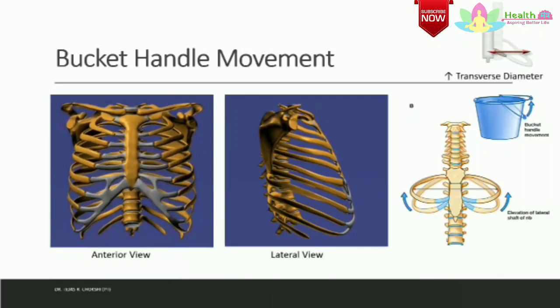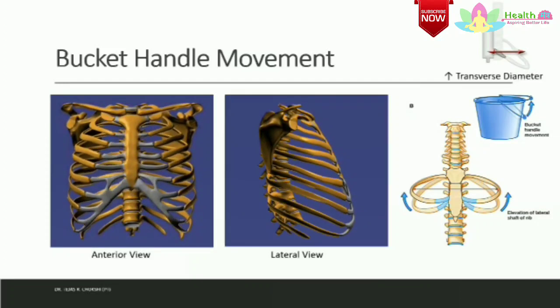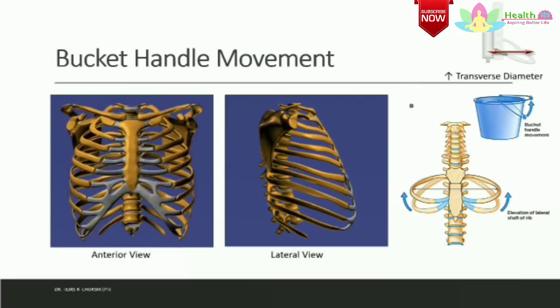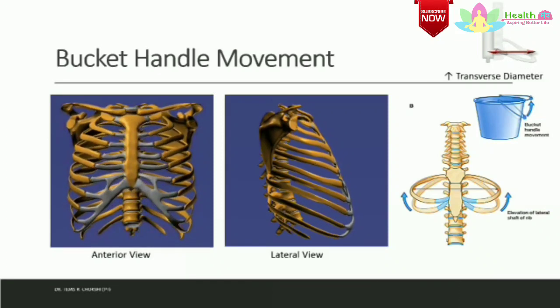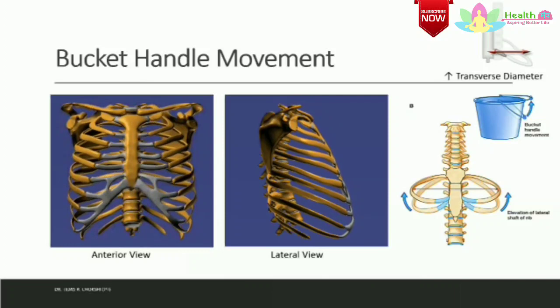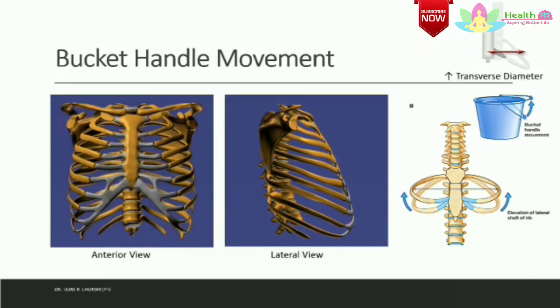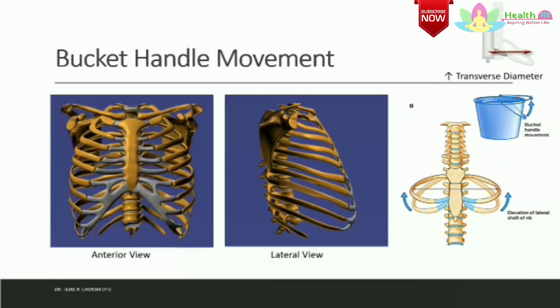It increases the transverse diameter of the thorax, which occurs predominantly in the frontal plane, and this motion is known as bucket handle movement. There is a gradual shift in the orientation of the axis of motion from superiorly to inferiorly.